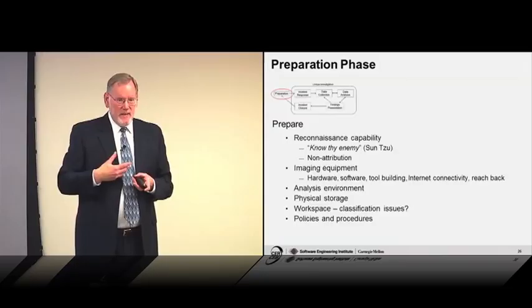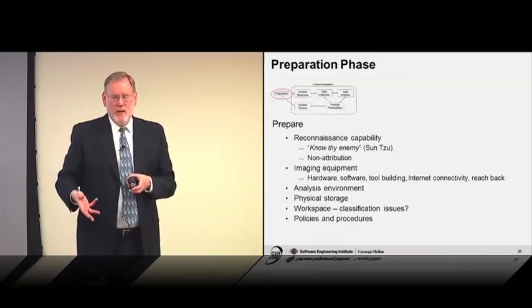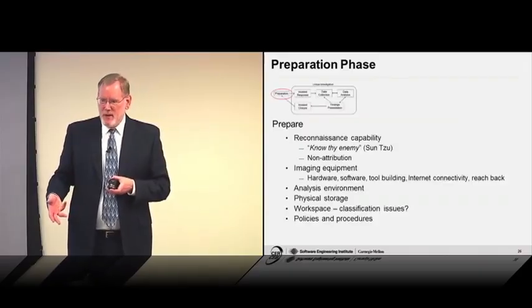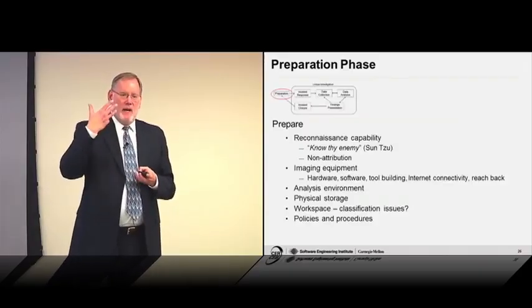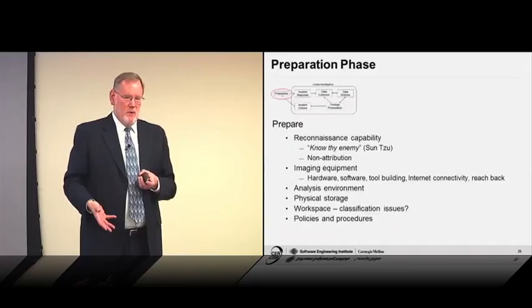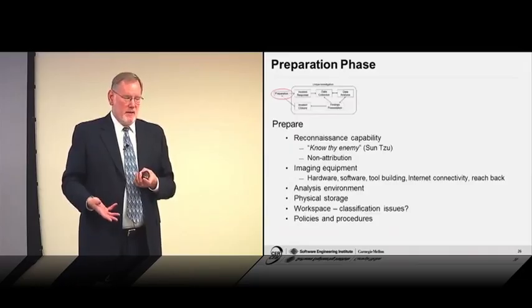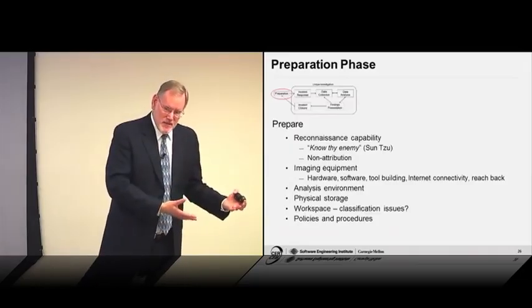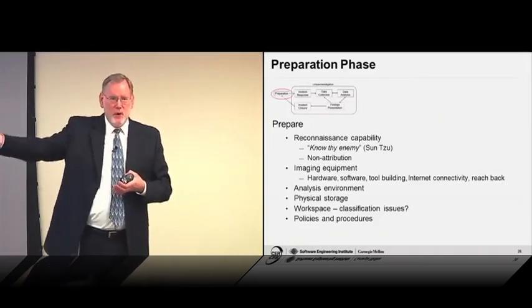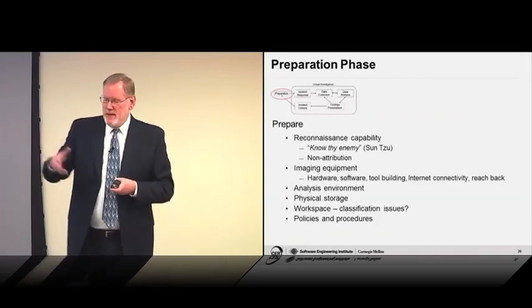Based on the way the information comes back and the patterns, you can learn about the type of machine that you're going after. So having a non-attribution network is a good thing, so that when a mission comes up, you can know your enemy. You can understand what they are.